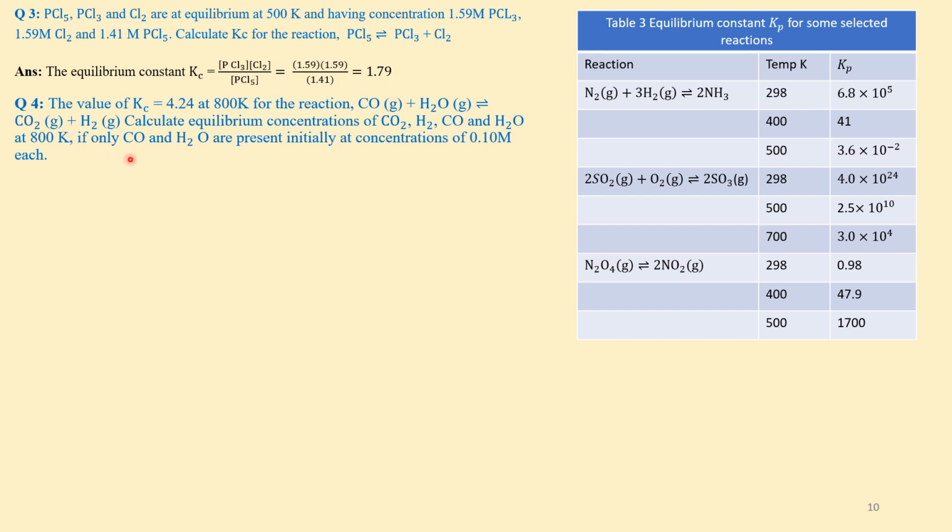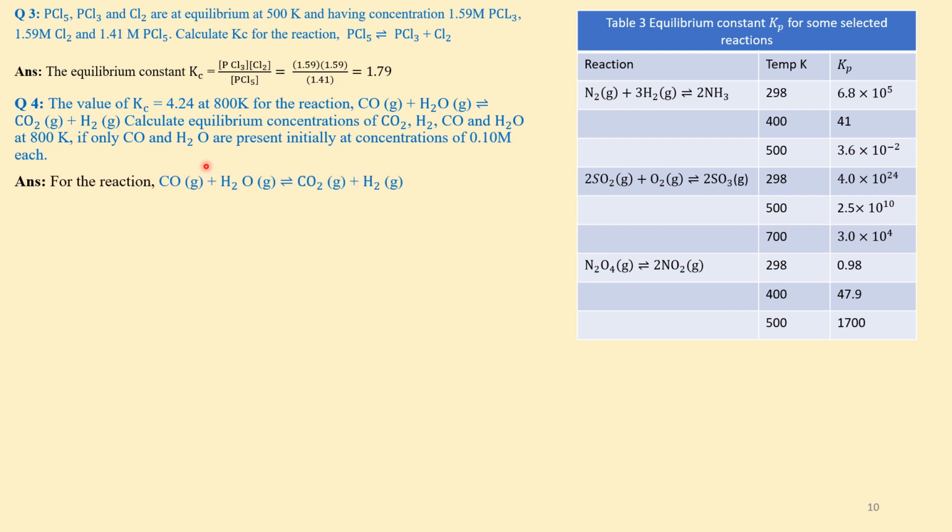Calculate the equilibrium concentrations of CO2, H2, CO and H2O at 800 Kelvin, if only CO and H2O are present initially at a concentration of 0.1 mole each.